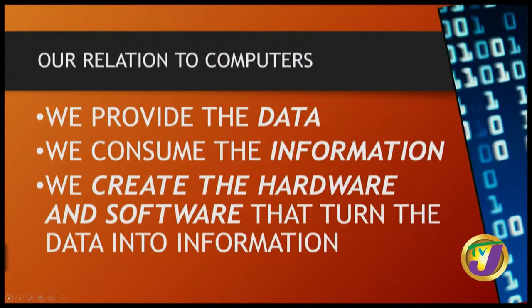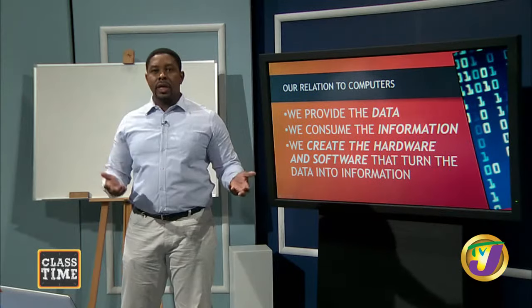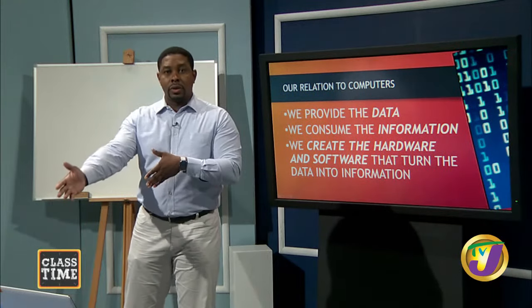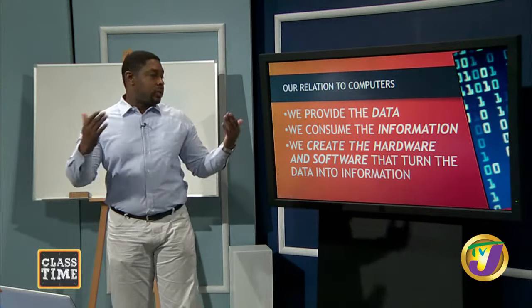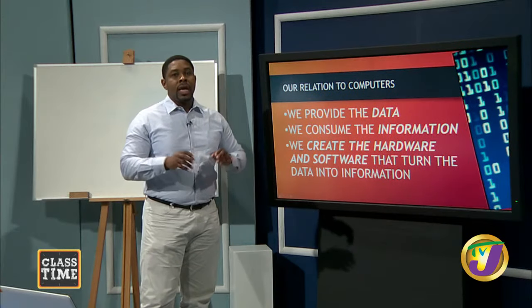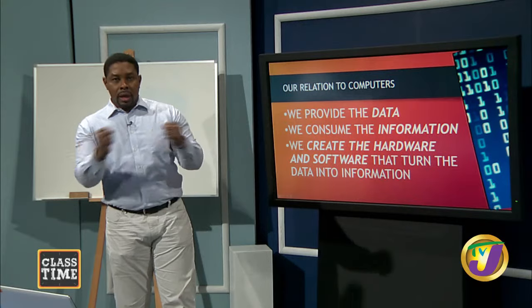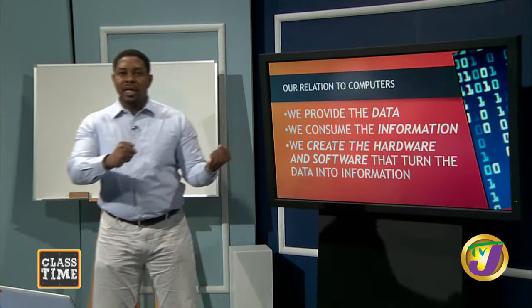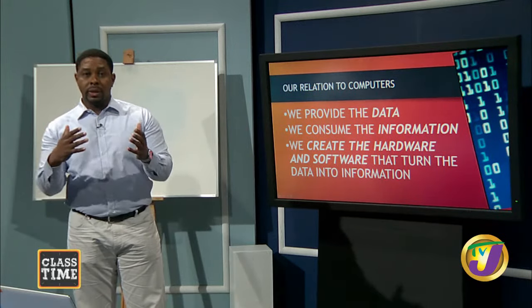And that information, or that consumption of information, of course, helps to get us wiser, get us to do what we need to do. For example, if you know that your gym opens at 5:30, you can plan your day to go to the gym, get to school, and then get back home to study. And of course, we create the hardware and software that makes this process of conversion from data to information possible.